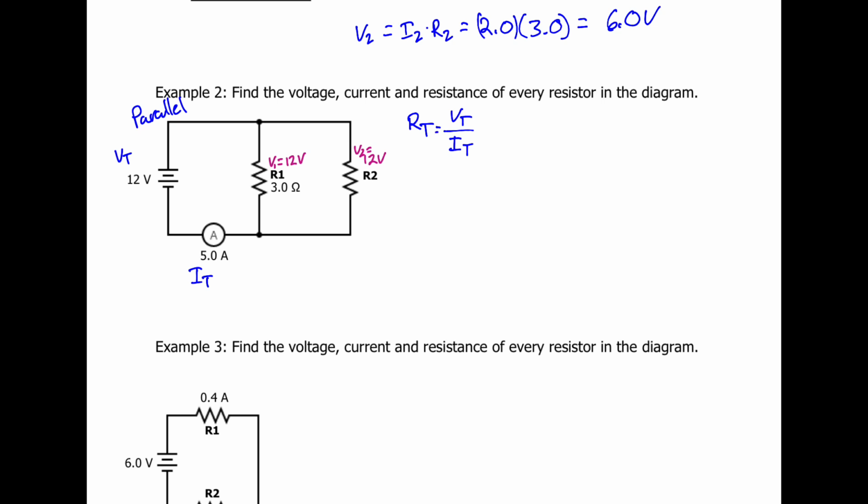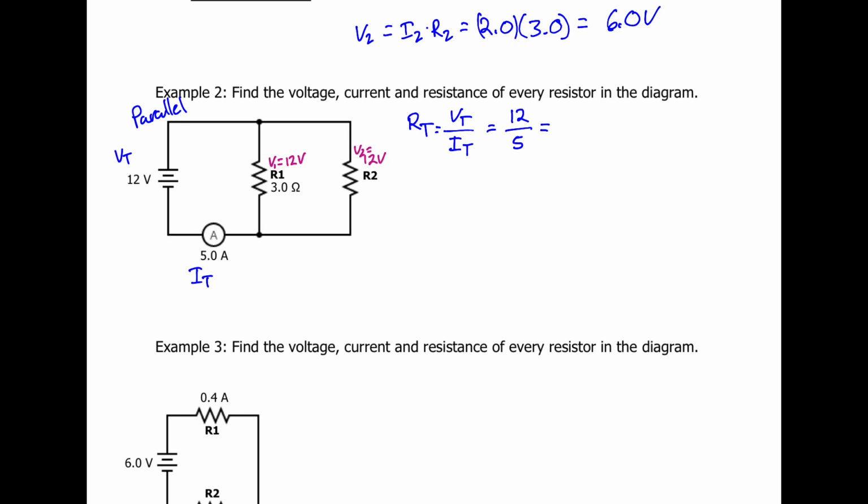That's the shorter way to do this in a parallel circuit. And I know voltage total and I know current total. This is going to be 12 divided by 5. Very exciting. Now this one, you probably want to get your calculator out. You probably can't simplify that off the top of your head.